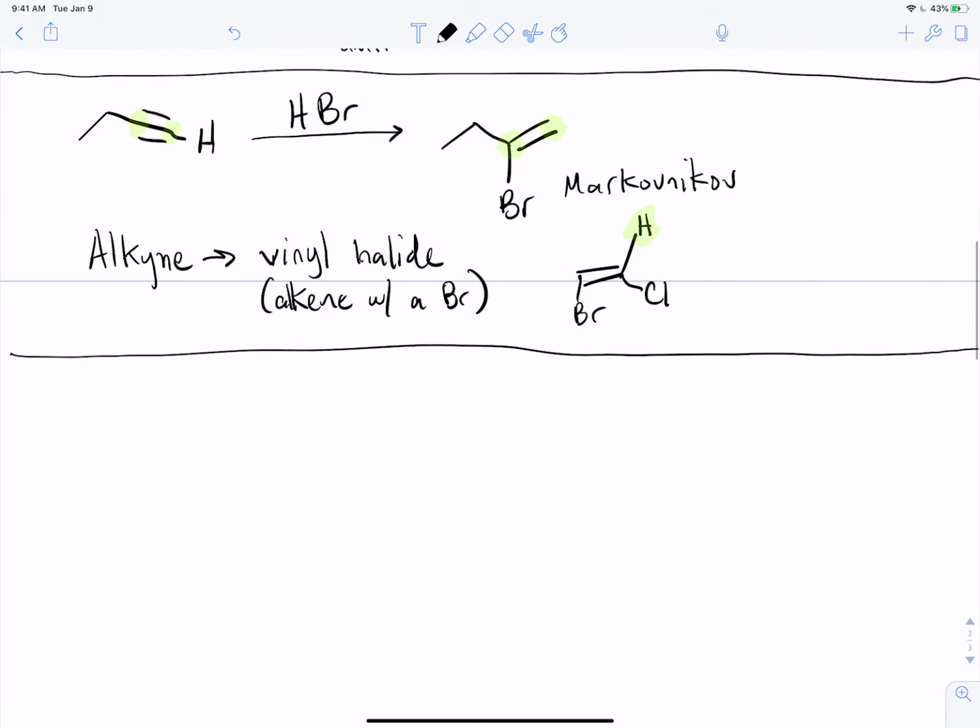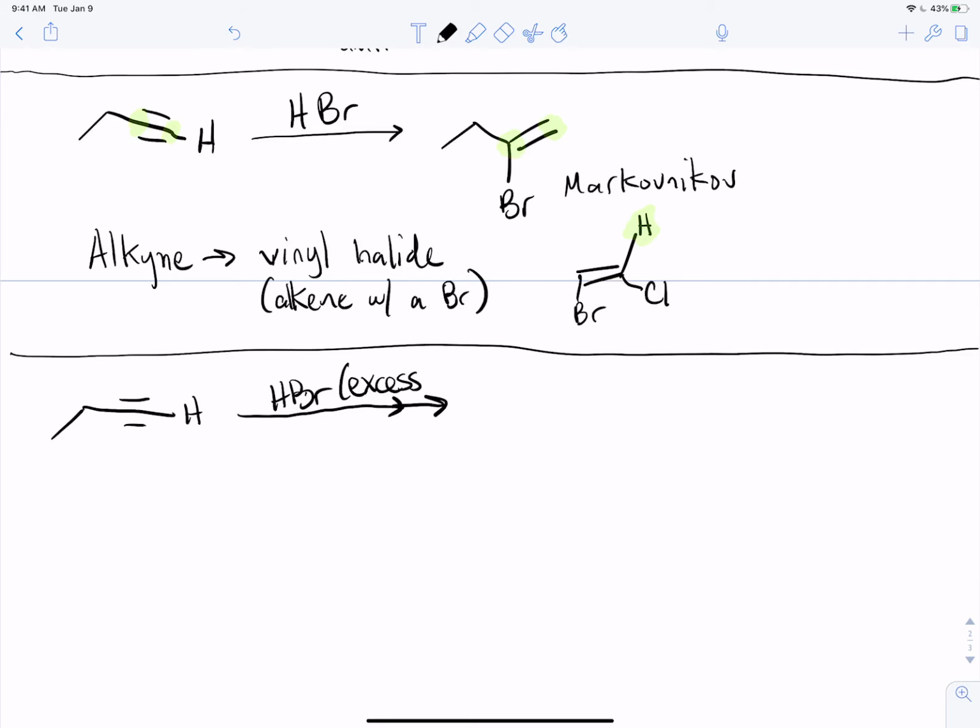Okay, but we know that alkenes react with HBr, and I'm forming an alkene, so you can imagine that if I use a big excess of this, it'll just keep reacting, right?